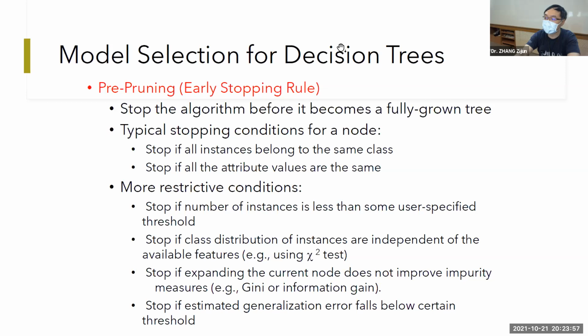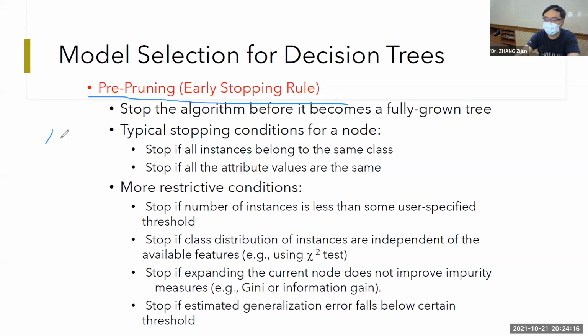And for a decision tree, select a different model of decision tree. That means select different tree structure. But such selection can also be done by organizing the tree structure. That means first is called pre-pruning. Okay.